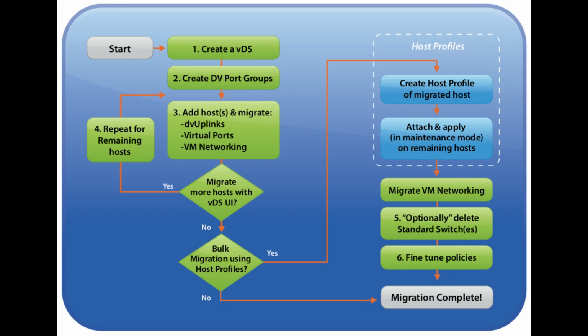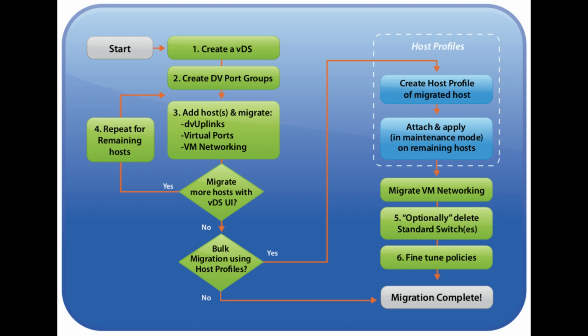Okay, let's review the migration operation once again. Plan the desired networking on the virtual infrastructure. Create the required VDS, one for all of your data center, or maybe you need more than one based on your networking plan. Create the distributed port groups. Some of them must belong to the VMkernel services such as management, FT, vMotion, and so on. And the other port groups are dedicated to the virtual machine network transmission.